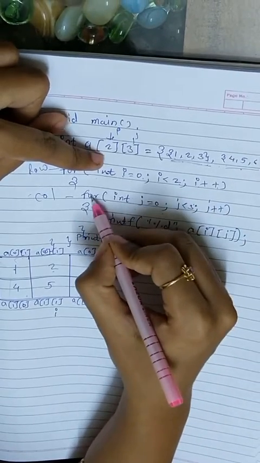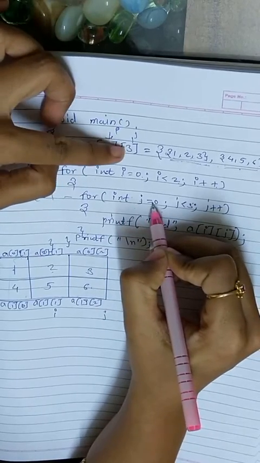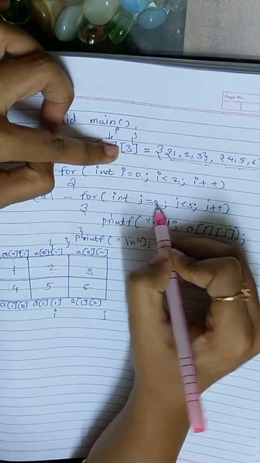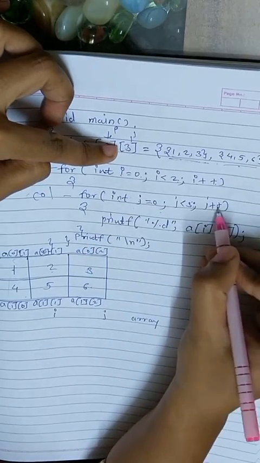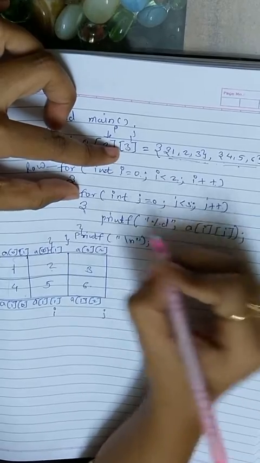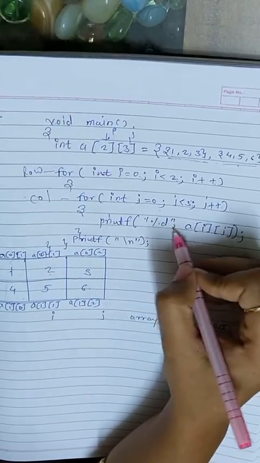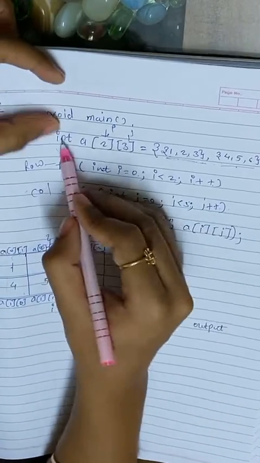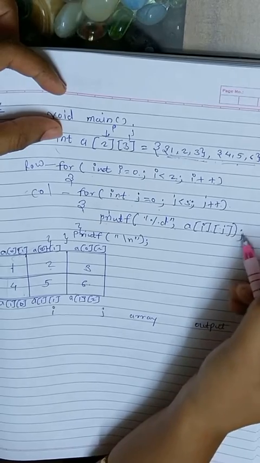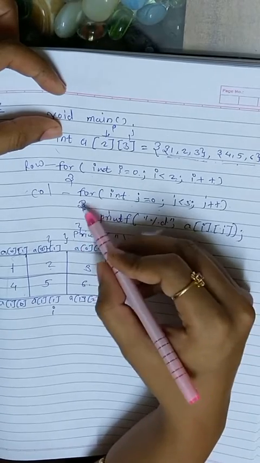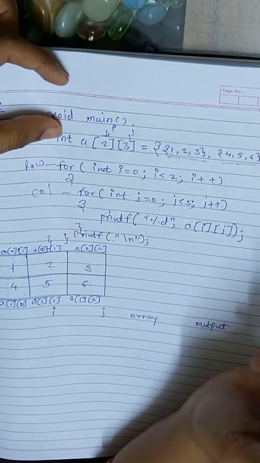Within that for loop, another for loop for the column: integer j equal to 0, j less than 3 because the column size is 3, and j plus plus. Within that I print printf %d, because it's an integer array, comma A of i j. Then, outside of the inner for loop, just printf \n.